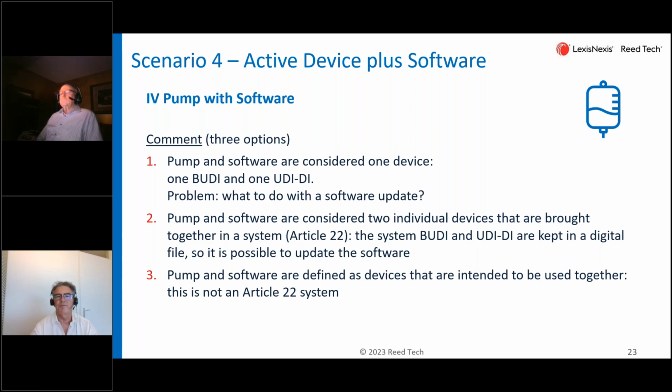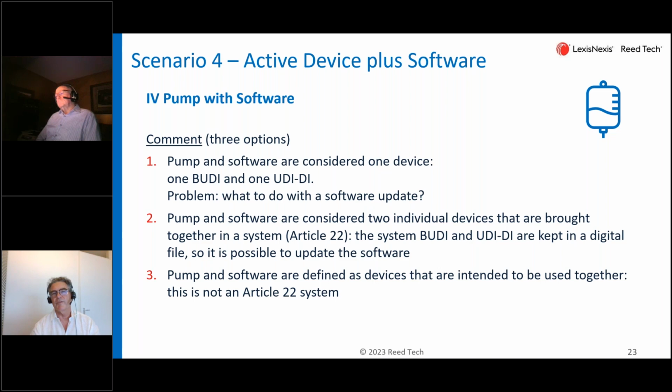How are you going to do that if you remotely change the software? That's something you need to think of. If you're distributing devices with software in them, and you remotely change that software, then the UDI may not be valid anymore. So how can you handle that?